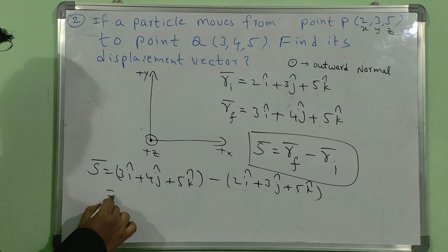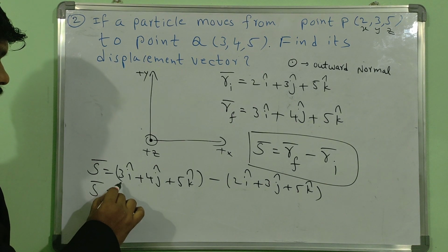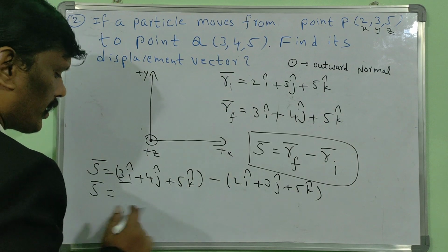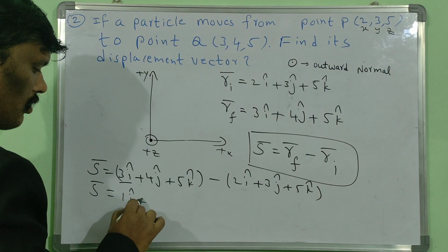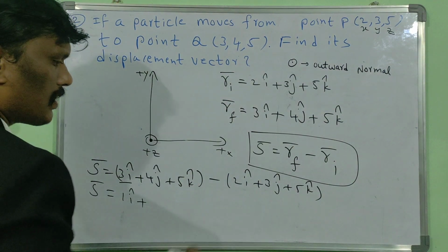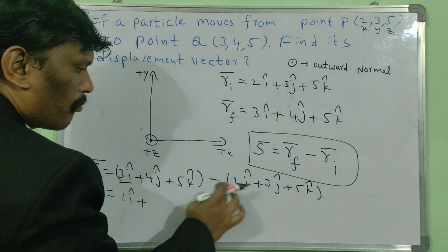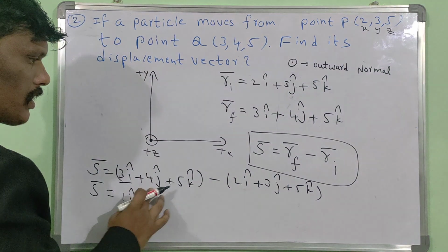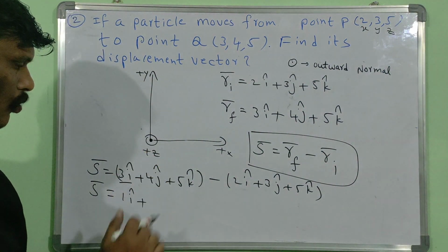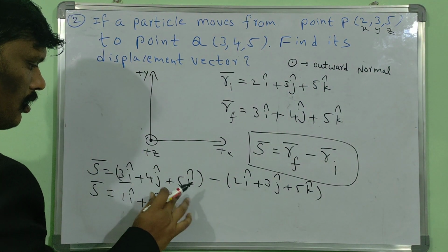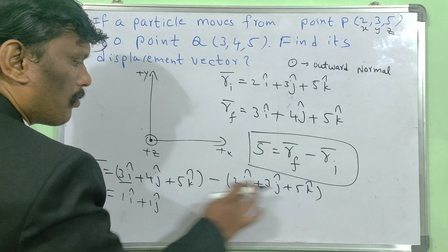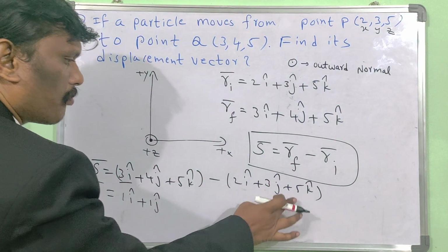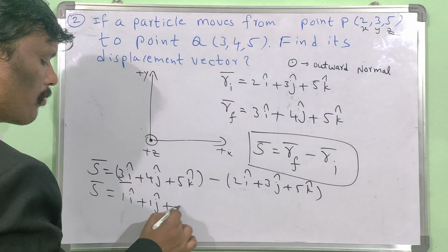Just simplify that and you get the result. 3 i cap minus 2 i cap is 1 i cap; 4 j cap minus 3 j cap is 1 j cap, because minus into plus is minus; 5 k cap minus 5 k cap is 0 k cap.